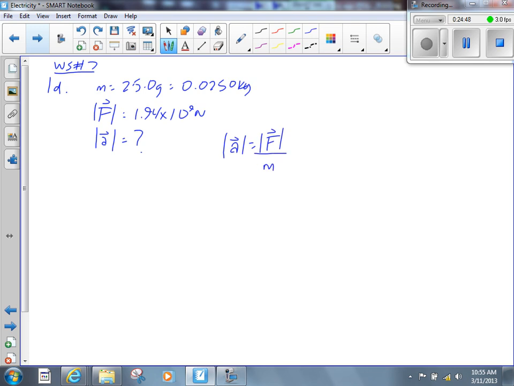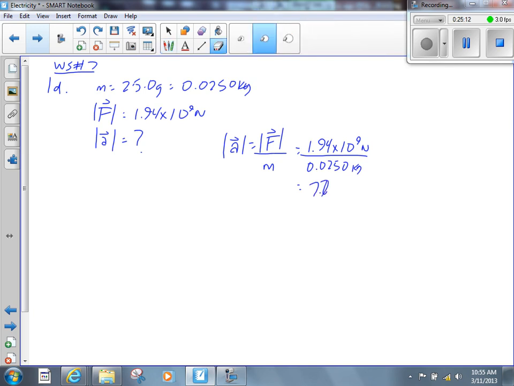We've already got the force because we already calculated it in question A. Had we not found it in question A, then we'd find it, and then we'd divide it by the mass. So it's going to be 1.94 times 10 to the 9 divided by the mass of 0.0250 kilograms. We do the math on that one. It works out to be 7.76 times 10 to the 10.